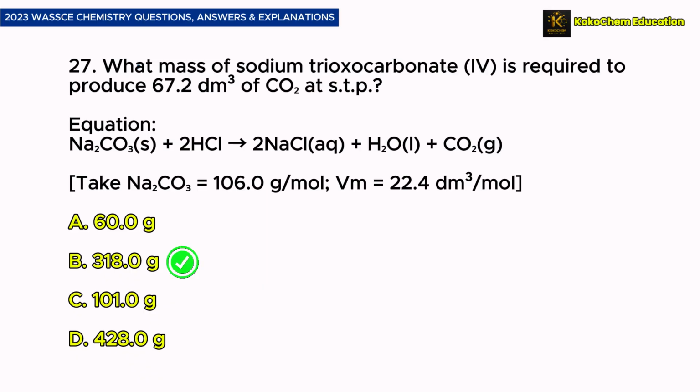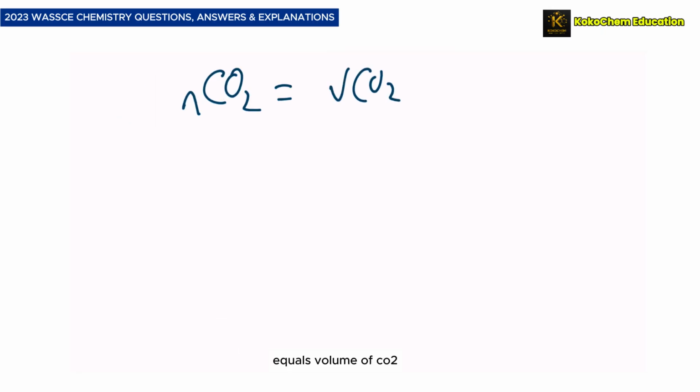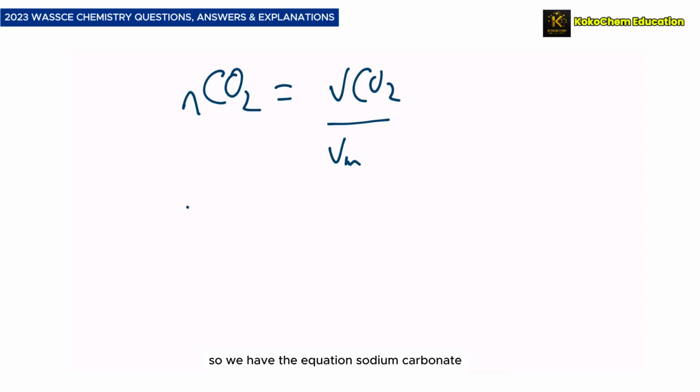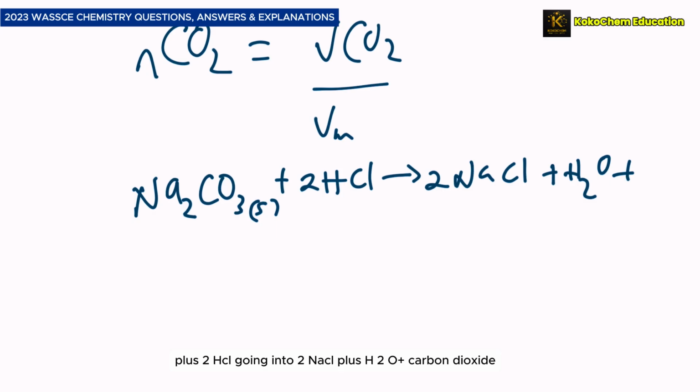318.0 grams. Explanation. So the moles of CO2 equals volume of CO2 divided by molar volume at standard temperature and pressure. So we have the equation sodium carbonate, which is solid, plus 2HCl going into 2NaCl plus H2O plus carbon dioxide.